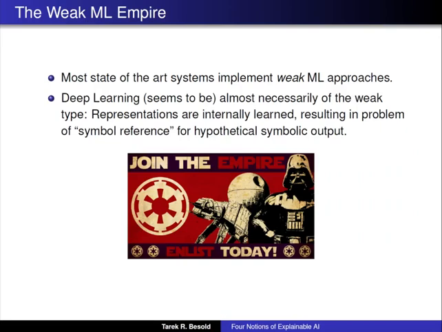Let's have a quick look at the state of play today. So, if there are any deep learners in the room, feel free to throw things at me, but what we presumably currently are witnessing is the weak machine learning empire. So very few people actually bother going for symbolic updates or even for communicatively effective symbolic updates, but what currently is predominant is a form of machine learning which on applications is highly efficient and deeply impressive.